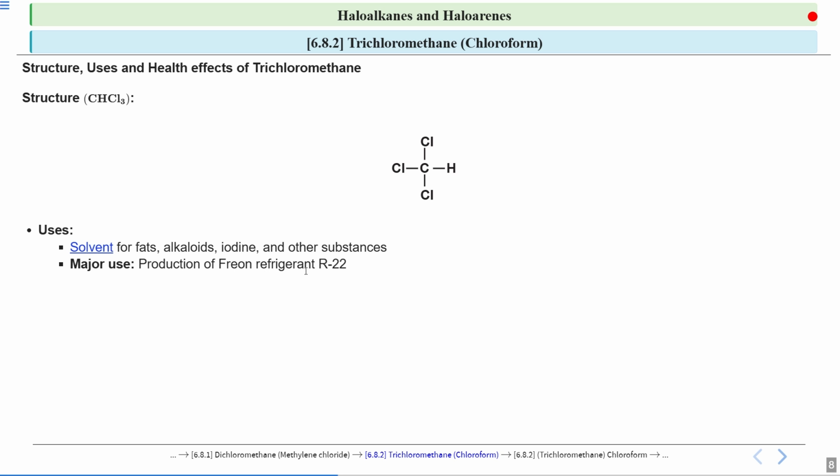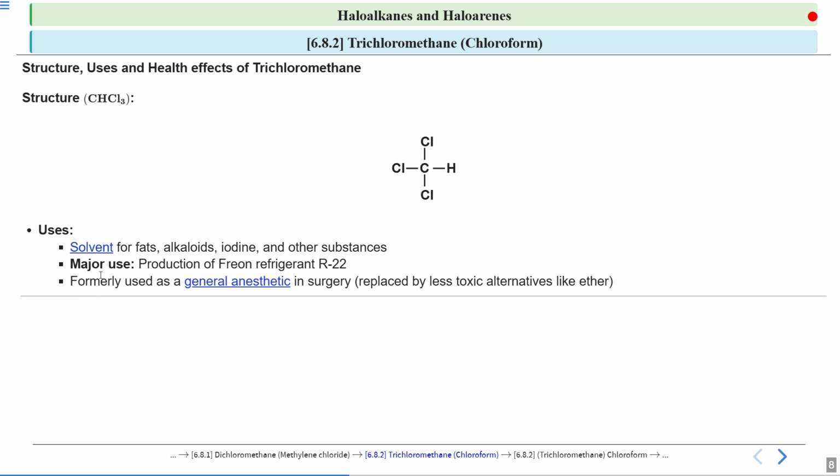Freon is basically a refrigerant, which means it is used to transfer heat in cooling systems like an air conditioner. It comes under the chlorofluorocarbons and hydrochlorofluorocarbons.